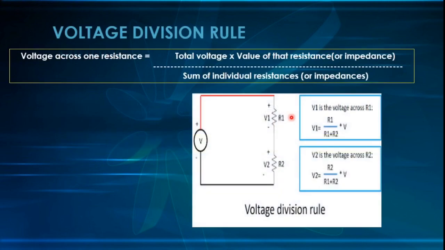Now let us start with the voltage division rule. As I said earlier, let us consider two resistors that are connected in a series combination. The current remains constant for both the resistors, but the total voltage V gets divided as V1 and V2 between the two components.